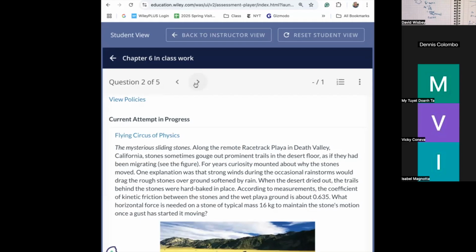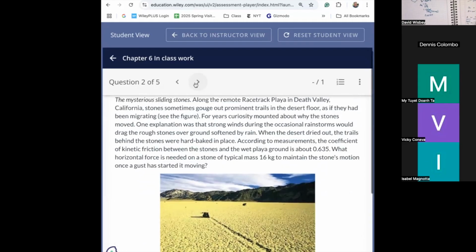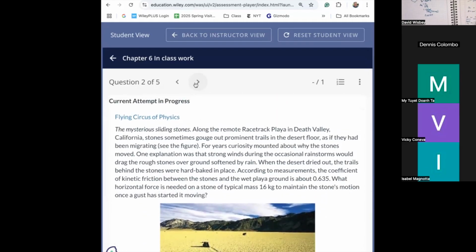According to measurements, the coefficient of kinetic friction between the stones and the wet playa ground is 0.635. What is the horizontal force needed on a stone of typical mass of 16 kilograms to maintain the stone's motion once a gust has started moving it?